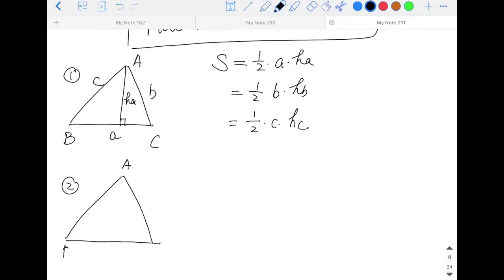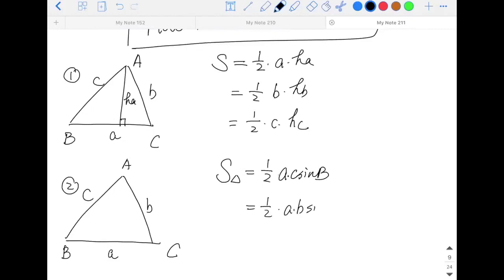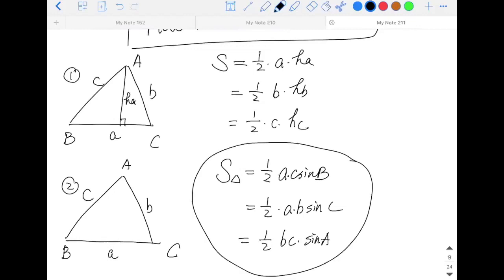A, B, C. This is A, this is B, this is C. The area of the triangle can be 1/2 A times C times sine B, or 1/2 AB sine C, or 1/2 BC sine A. This one is actually more important in the North American math competition.